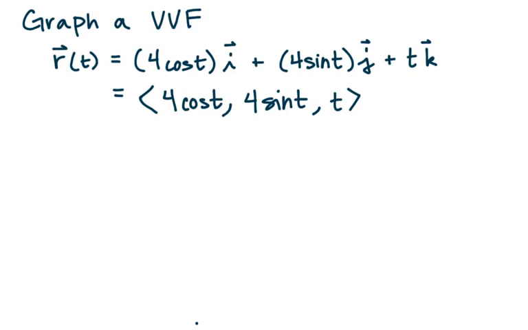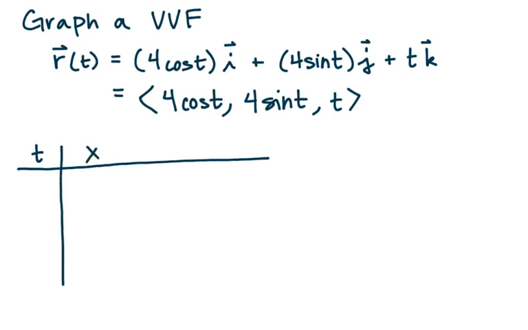The same way we graphed parametric equations back in trig, we make a table of values with a t value, x, y, and z. In this specific equation, there are no bounds specified on our t values, so we're just going to look at t from 0 all the way to 2 pi.